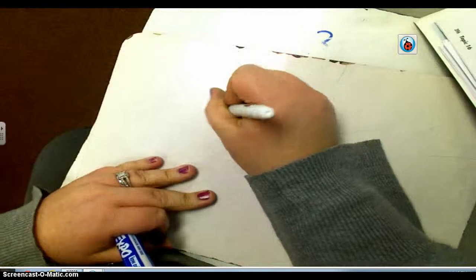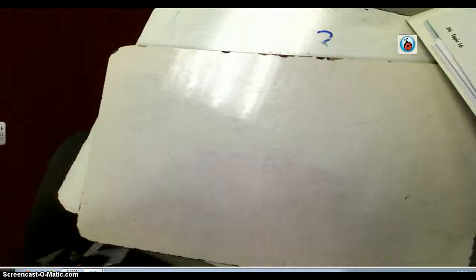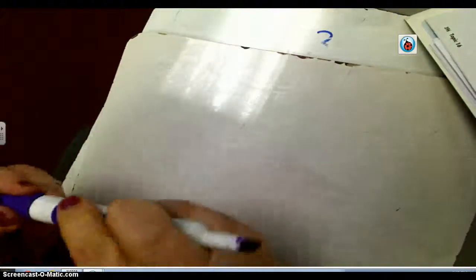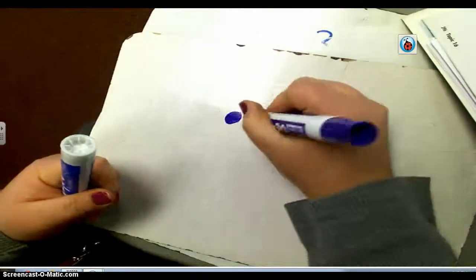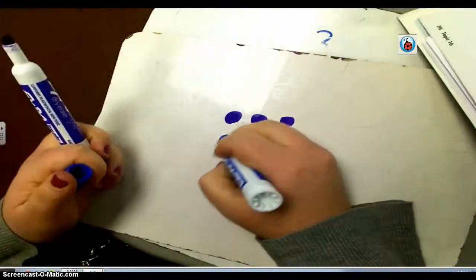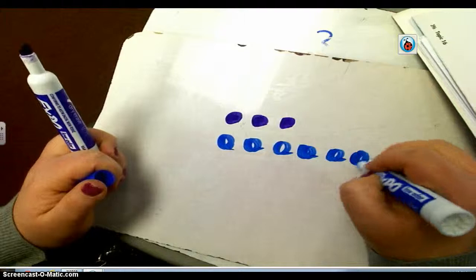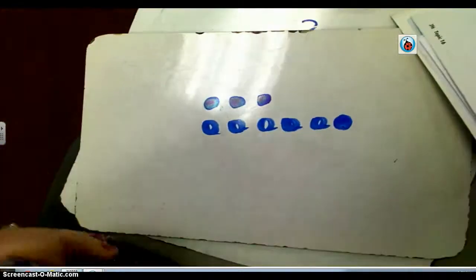Okay, so if I had a marker that worked, this would work better. So we could do, here's a purple dot, a purple dot, a purple dot, a blue dot, a blue dot, a blue dot, a blue dot, a blue dot, a blue dot. Okay?